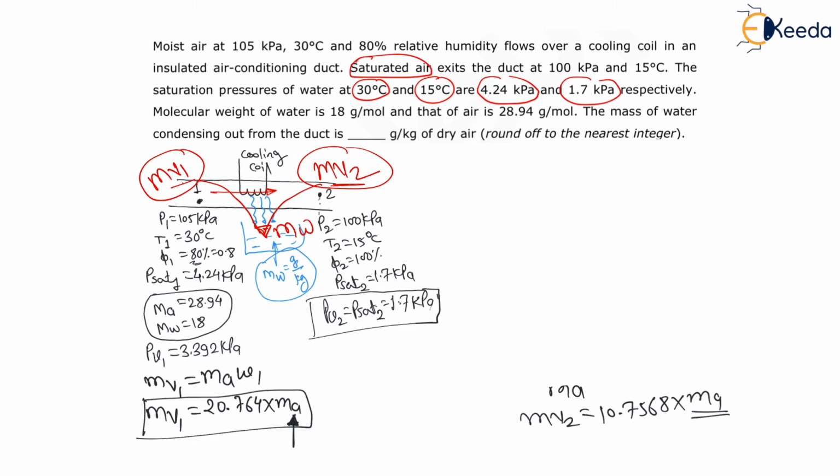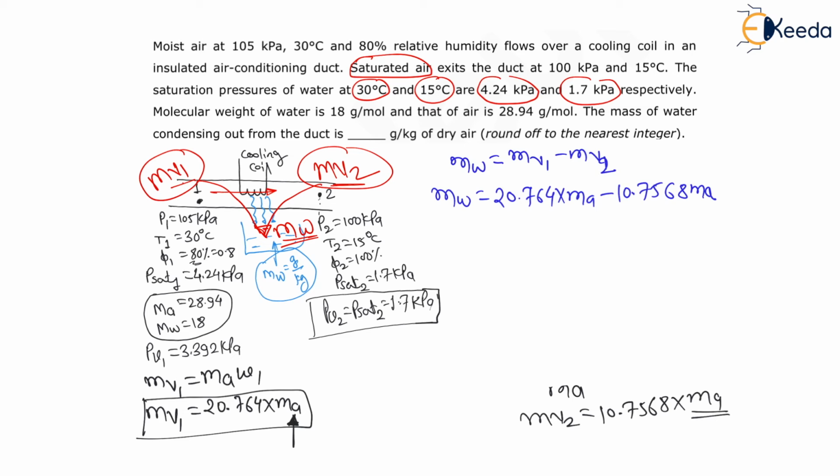Therefore, we will get mass of water condensed. We can write here the mass of water condensed will be equal to mass of vapor 1 minus mass of vapor 2. Right. Therefore, mass of water condensed is equal to mass of vapor 1, which is 20.764 into mass of air, minus mass of vapor 2, which is 10.7568 into mass of air.